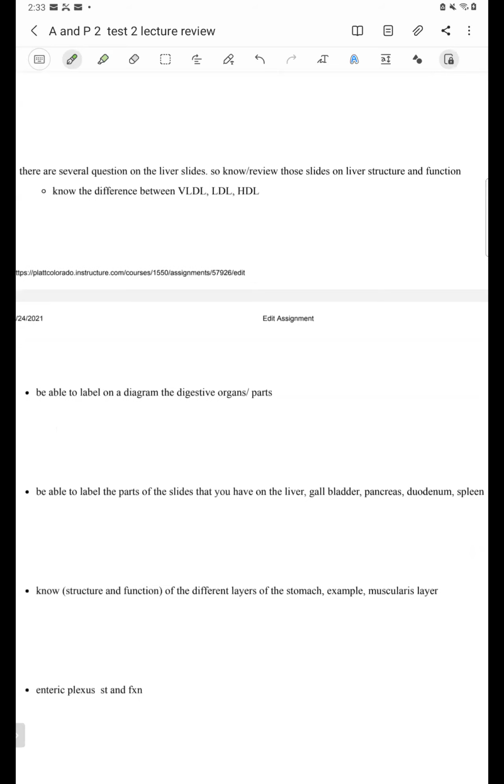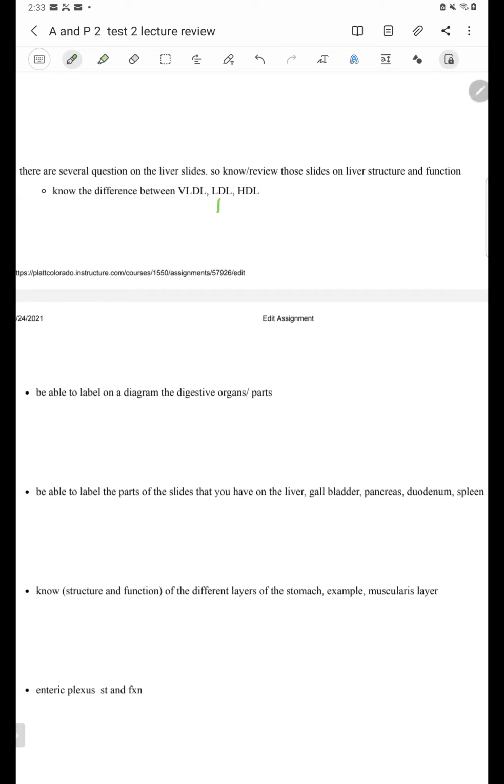Okay, what are your VLDLs, LDLs, and HDLs? Well, first of all, very low density lipoprotein, low density lipoprotein, and high density lipoprotein. We had a diagram that we drew, the liver is responsible for all this.